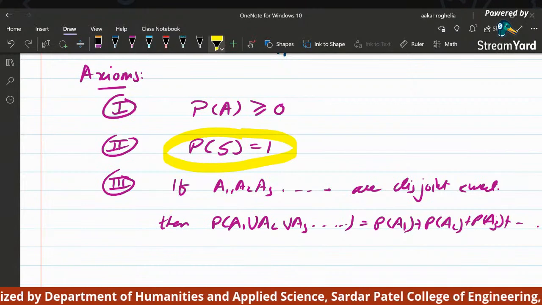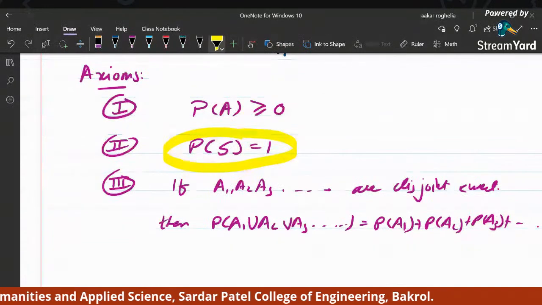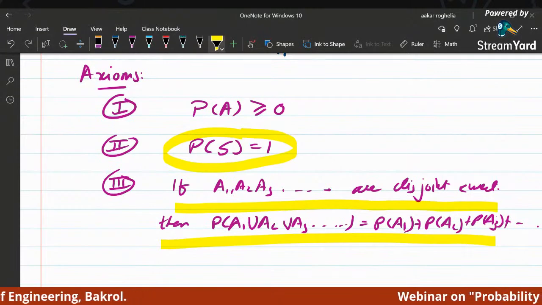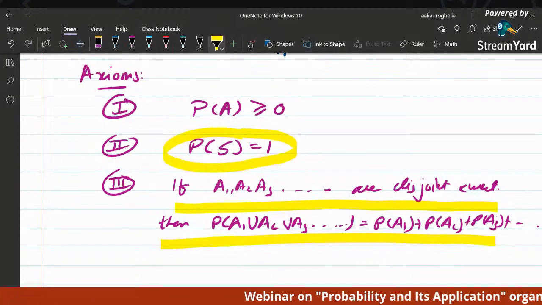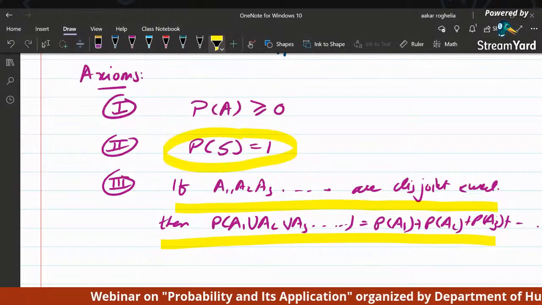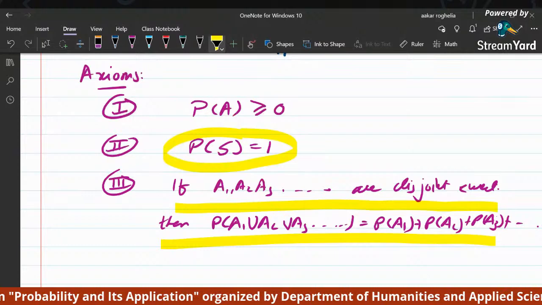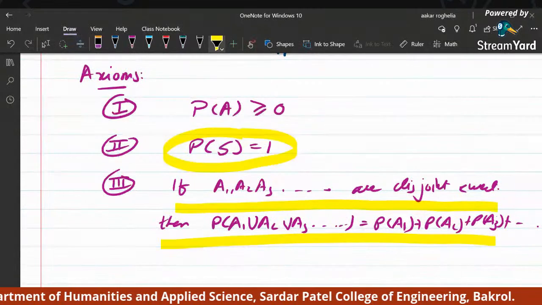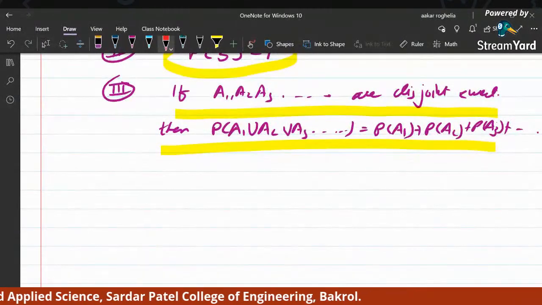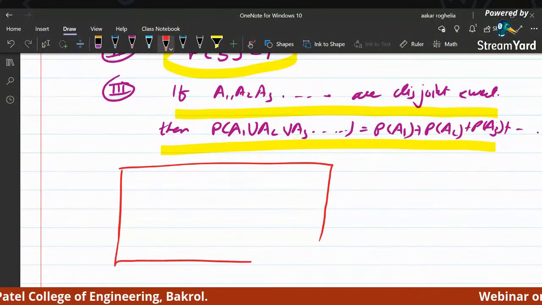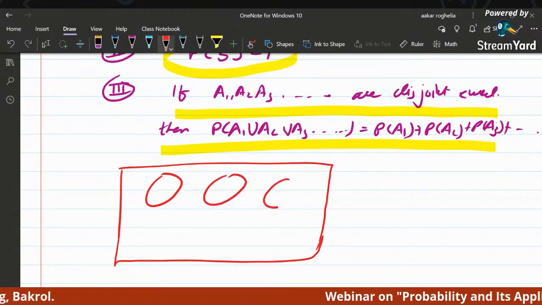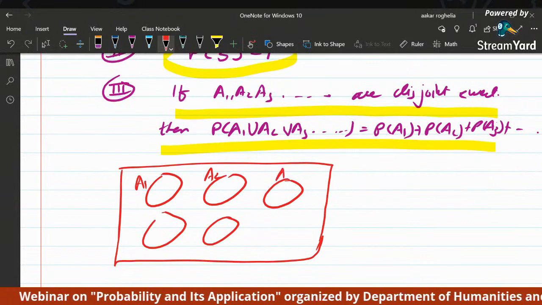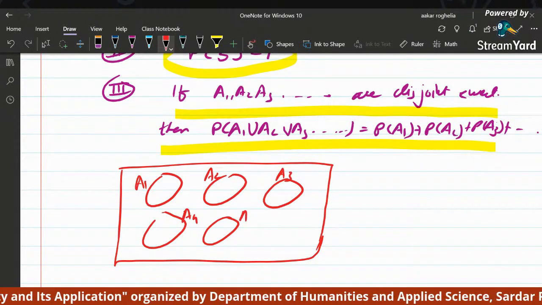But the third axiom is very interesting. When the events are disjoint, meaning there is no overlapping between them, the probability of the union will be the same as the summation. Another way to think is to imagine the probability as the area of sets. Let us look at this in terms of a Venn diagram. There are these events, and since they are disjoint, it will be like this: A1, A2, A3, A4, A5, and so on.